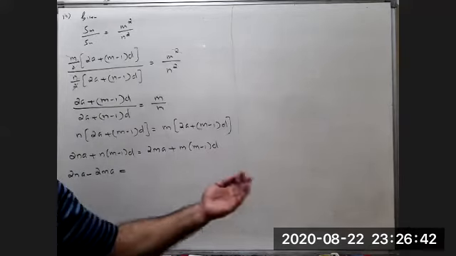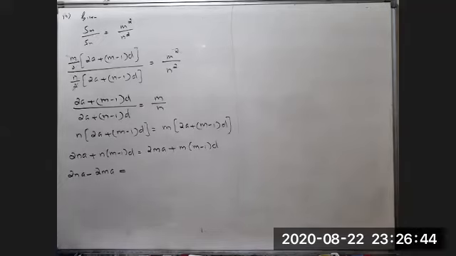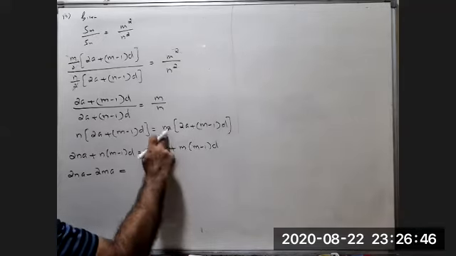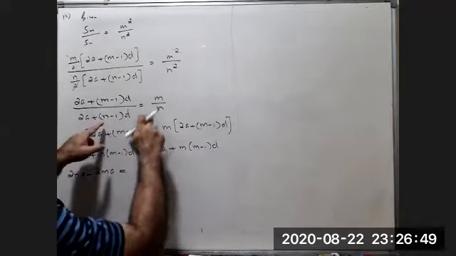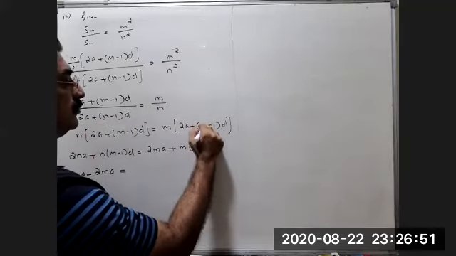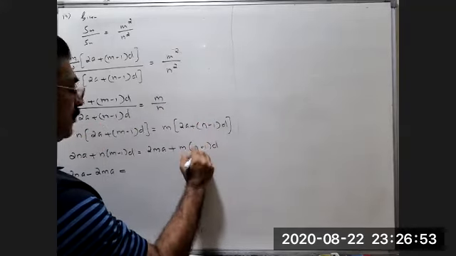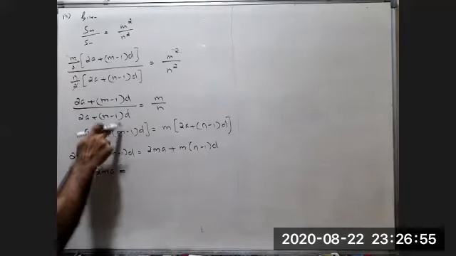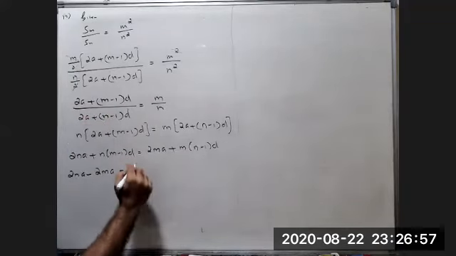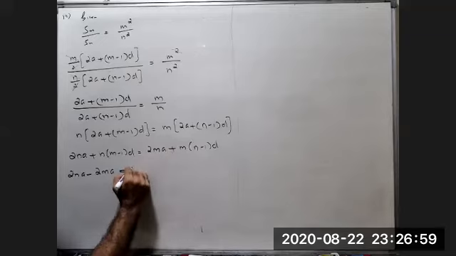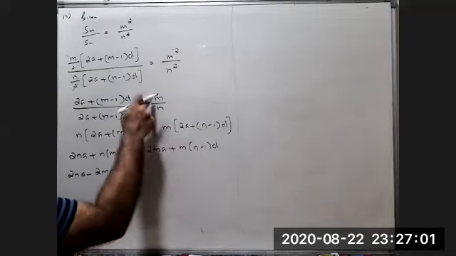We keep all terms of a on the left hand side, terms of d on the right. So 2na minus 2ma, always see the previous step and proceed.